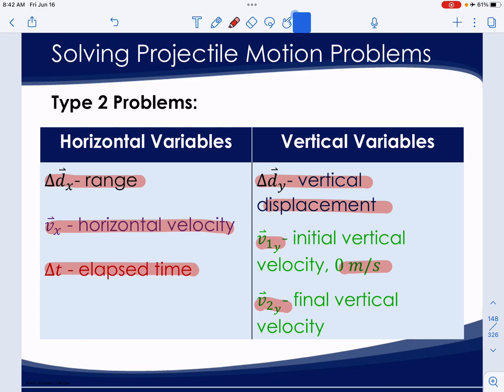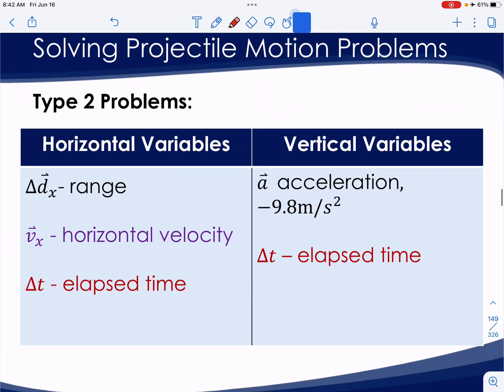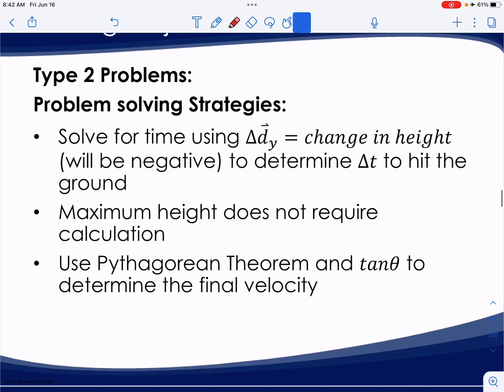In this particular case, v1y and v2y are not the same. These are still the same over here: our acceleration is negative 9.8 and delta t is the time elapsed. On these, you solve for time using delta dy. The maximum height does not require a calculation, and you use the Pythagorean theorem and tangent theta to determine the final velocity.